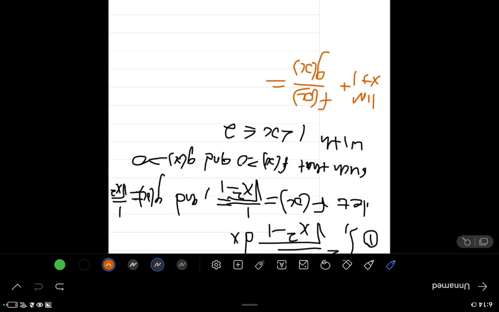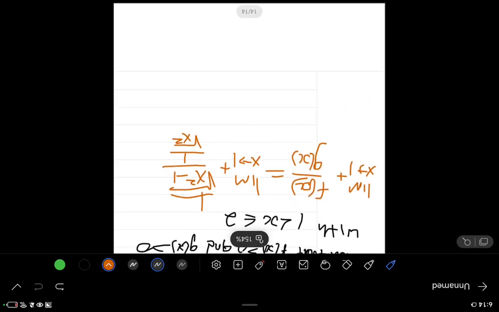So this one we're going to have the limit as x approaches 1 from the positive of f of x, which is 1 over root of x squared minus 1, over 1 over root of x squared. And then this would be equal to the limit as x approaches 1 from the positive of x over the root of x squared minus 1.